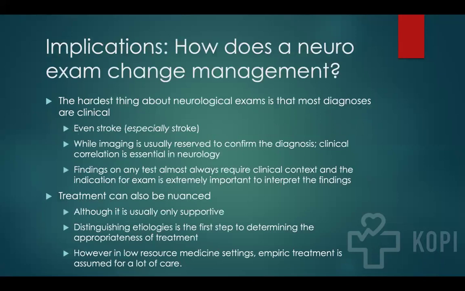So, how does a neuro exam change management? Neurological diagnoses, especially those that are made both in clinic and in acute care settings, are usually clinical. So clinical correlation is almost essential, even if you are going to order a test. Trying to assess a patient for seizure is not usually something that you would want to assess unless you witness seizure-like activity. Same thing goes for stroke. You would want to order imaging on somebody who potentially had negative symptoms suggestive of stroke.